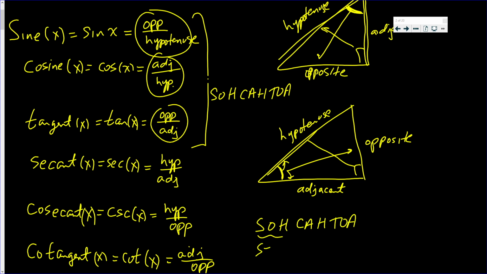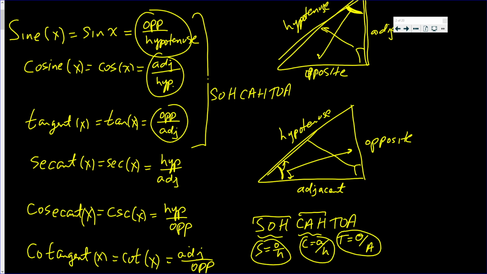It tells us that the sine is equal to opposite over hypotenuse, that the cosine is adjacent over hypotenuse, and that the tangent is opposite over adjacent. SOH, which is exactly what it says here, CAH, which is what it says here, and TOA, which is what it says here, SOHCAHTOA.